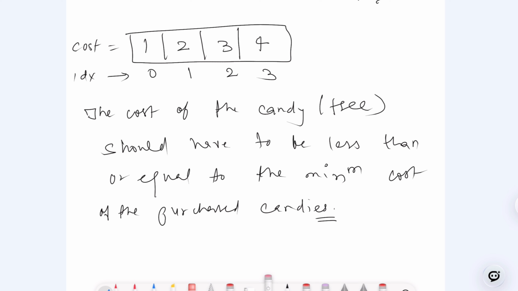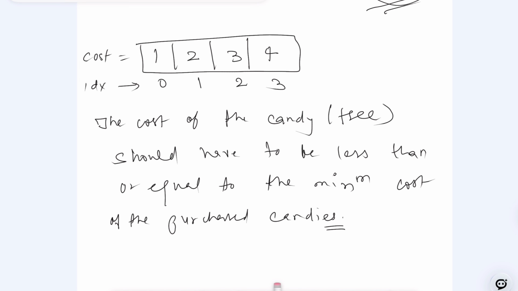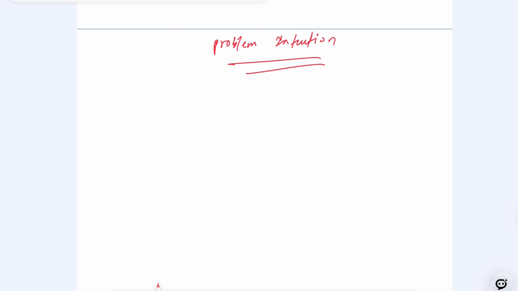Let's talk about something important now so you will understand clearly. What is the most important thing? For me the most important thing is the problem intuition. Everybody should understand the problem intuition. Let's talk about the problem intuition.